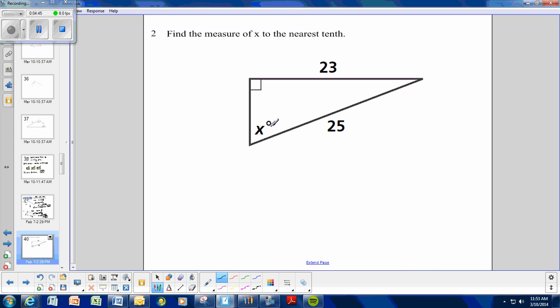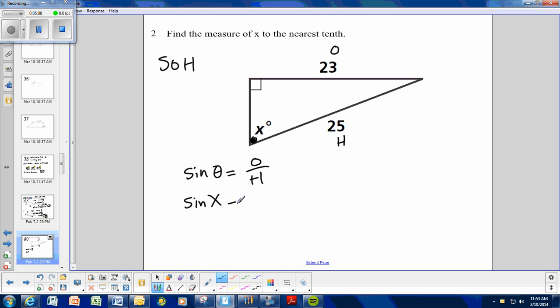Okay, we'll try one more. Again, here's your angle. Across from the angle is the opposite leg, and this is our hypotenuse. OH would be SOH. Sine of the angle equals opposite over hypotenuse. Plug in your information.